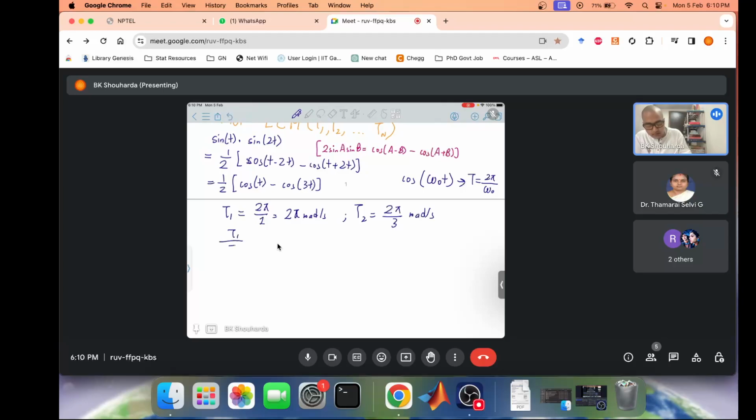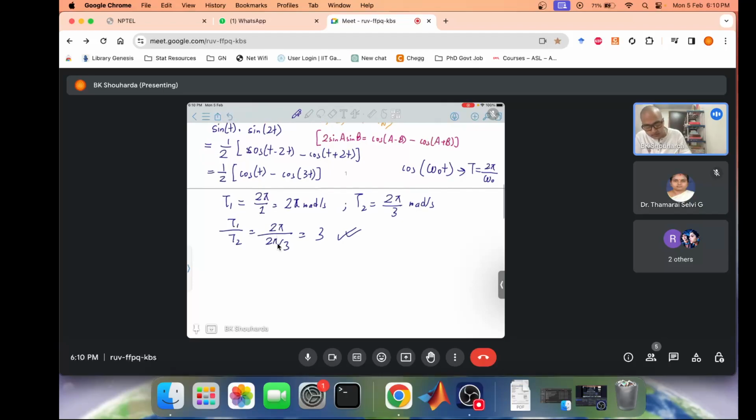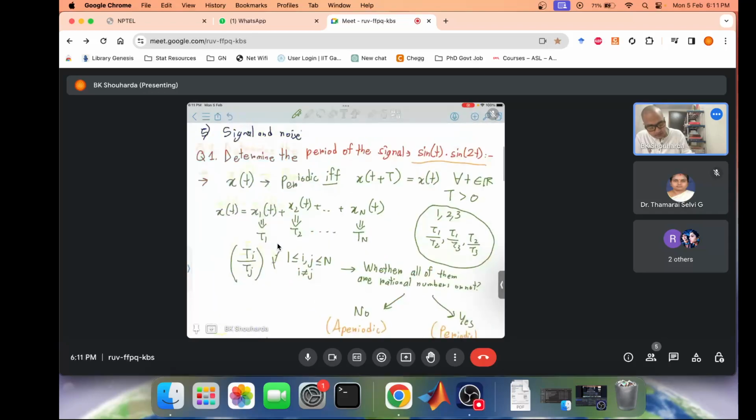If I look at the ratio T1 upon T2, that's a rational number, so we can easily find the period. The period is the LCM of the two, and the period of our signal is 2 pi seconds.